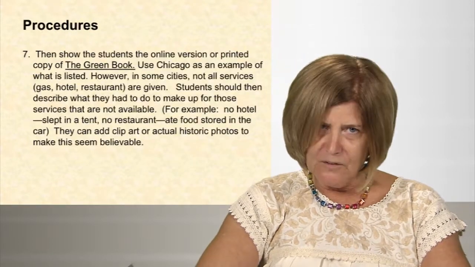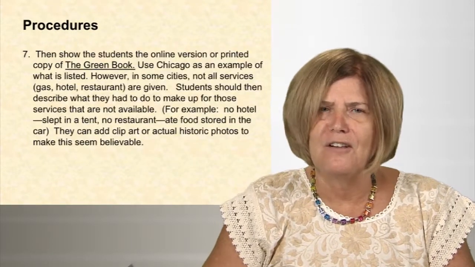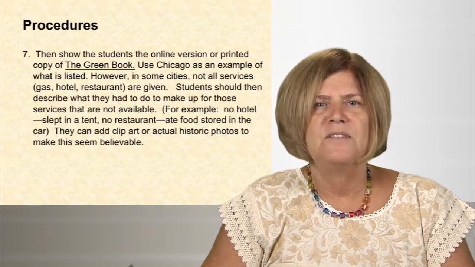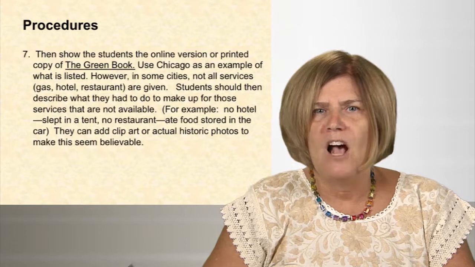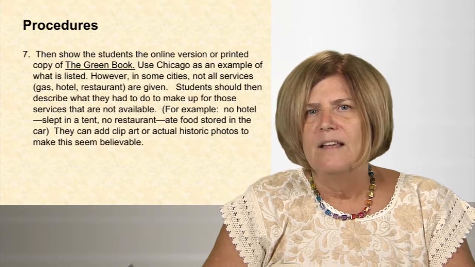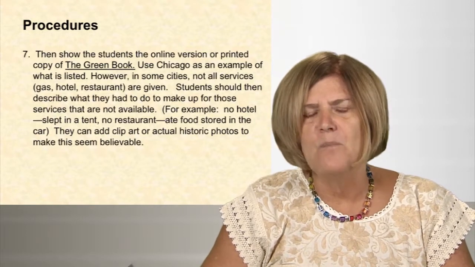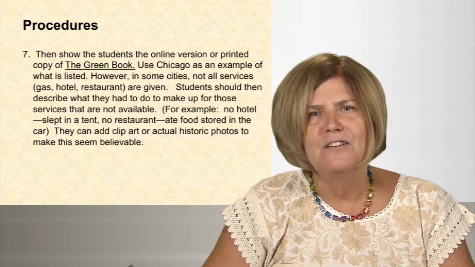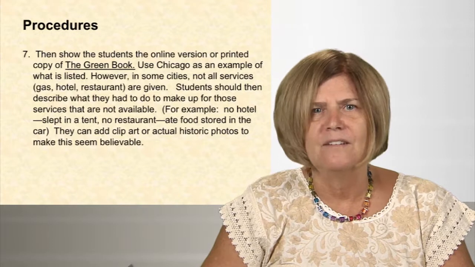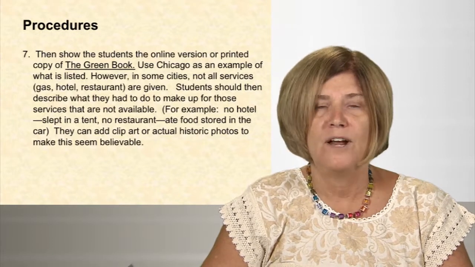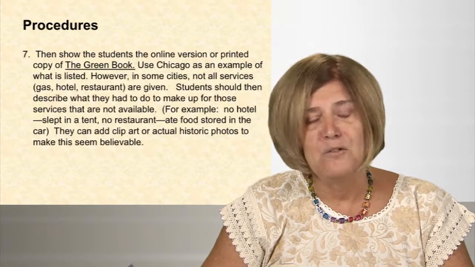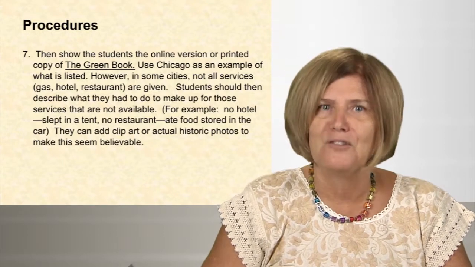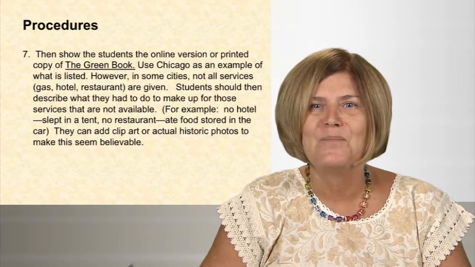The procedure, this is how you could do it in your classroom or in your computer lab would be perfect. Show the students the online version or printed copy of the Green Book. Now, use Chicago as an example of what is listed. However, in some cities, not all services, gas, hotel, and restaurants are given. In fact, when they get to Arizona, they're going to have to be real creative about the services that they're going to have to use.